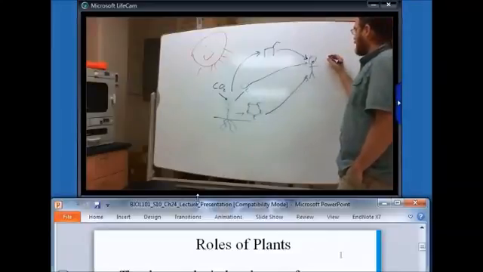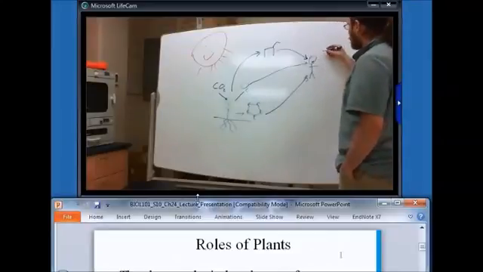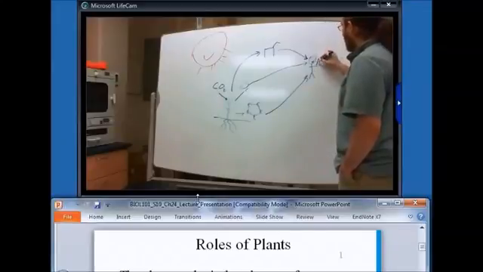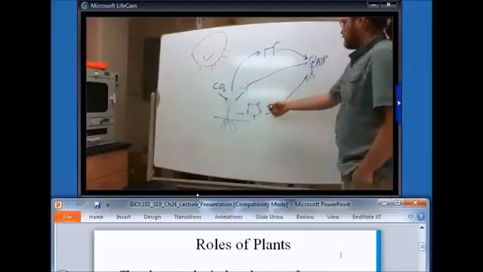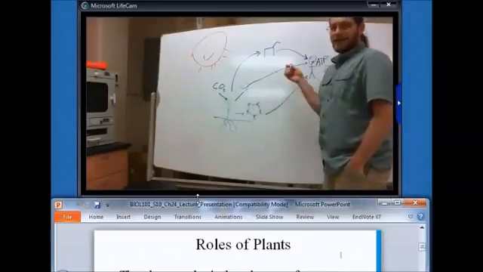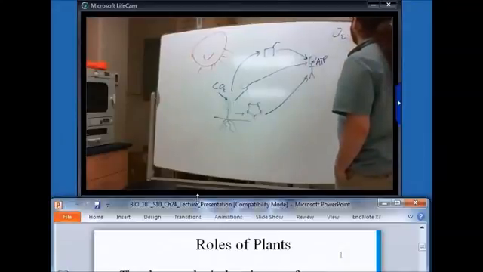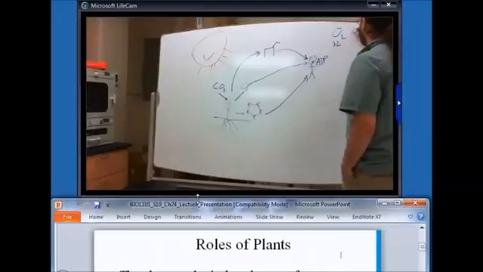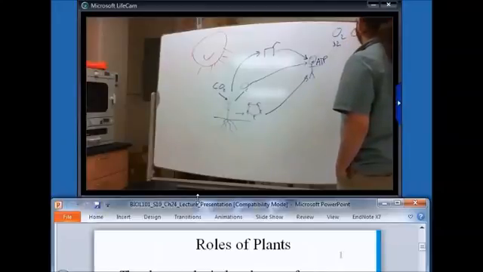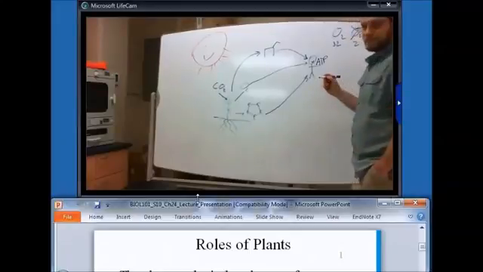Because if you remember from the other lecture, you are making ATP from these sugar molecules. ATP is the universal energy molecule. With oxygen, you can make, depending on who you talk to, 32 to 38 ATP. If you do not have oxygen, you can only make 2.